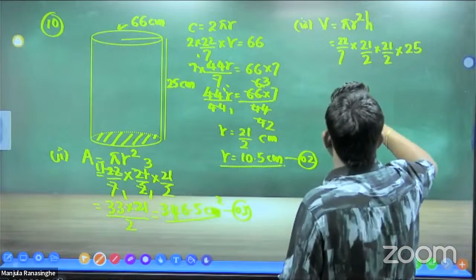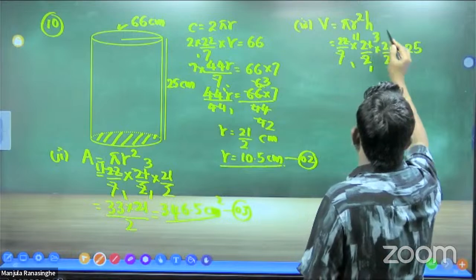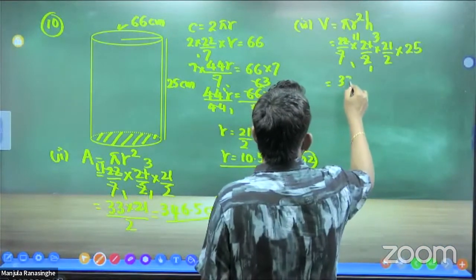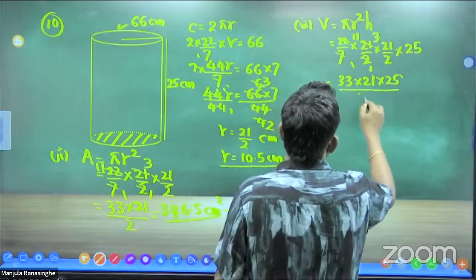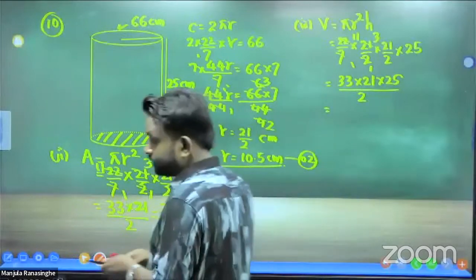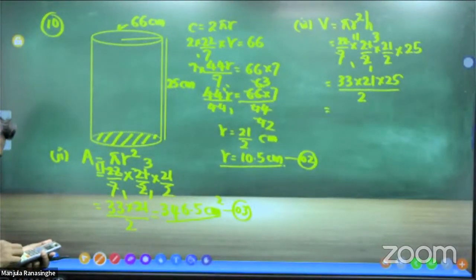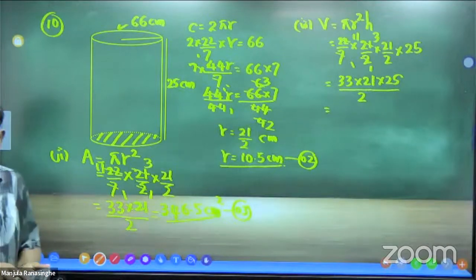So now you can simplify 7 to 1, 11, 7 3s. Then the multiplication 33 into 21 into 25 divided by 2, that's the volume. Take 33 into 21 into 25 divided by 2, then check the answer.